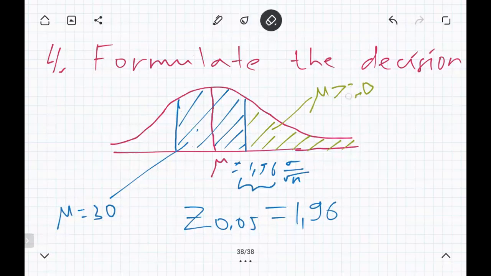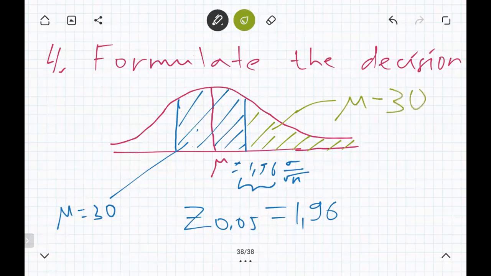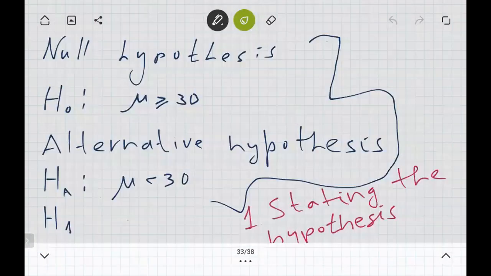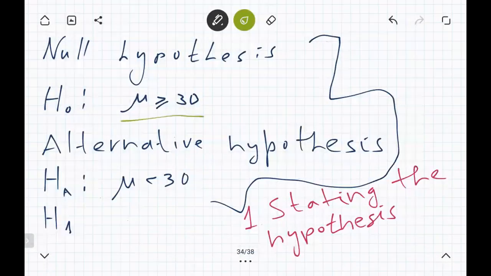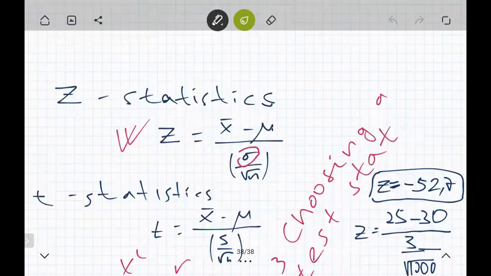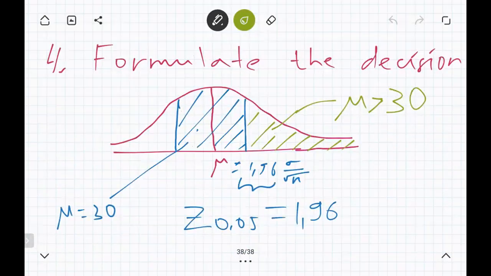And it's still in compliance with my null hypothesis, because in the null hypothesis, we stated that mean is more than or equal to 30, right? Yeah, here it is. So the blue area on my graph is for mean equal 30, and the green area is for mean more than 30. And both of those are when null hypothesis is correct.